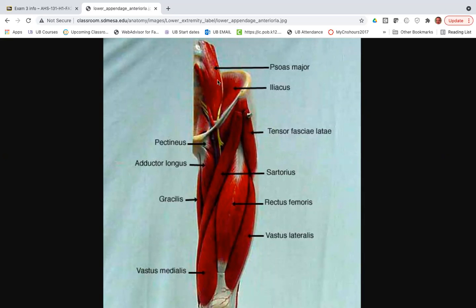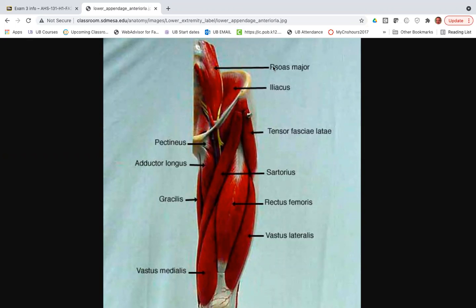Now, sometimes together, these two muscles you may hear of being referred to as the iliopsoas, but it's really two separate muscles, a psoas major and an iliacus.